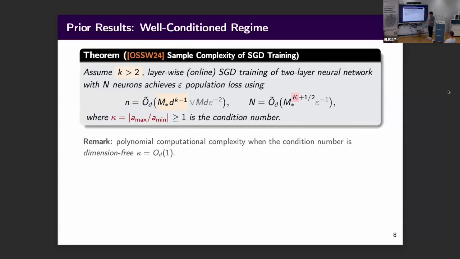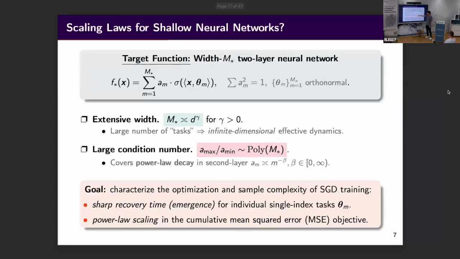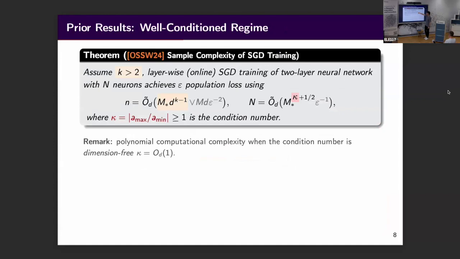But if you remember, in order to cover the power law setting, the condition number is potentially poly d. You could have an unbounded condition number, in which case the width of the student network would also be super polynomial. So in terms of computational complexity, this will be problematic. I'll tell you why this condition number dependence appears.